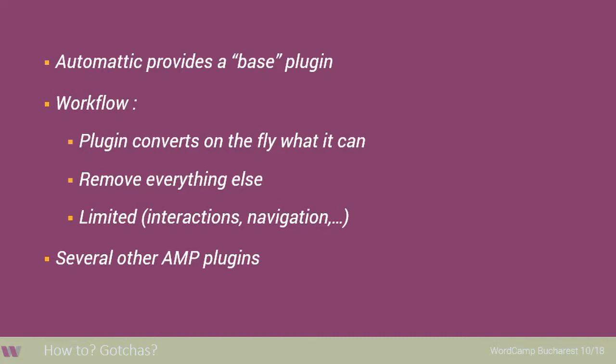How it works is that you select some content on your site, and that content is converted to AMP on the fly when needed. Unfortunately, the plugin will basically remove everything on the page that's not suitable for AMP, or that it doesn't know how to convert. And it pretty much does not implement any form of interactivity. So you don't have buttons or registration or anything like that.